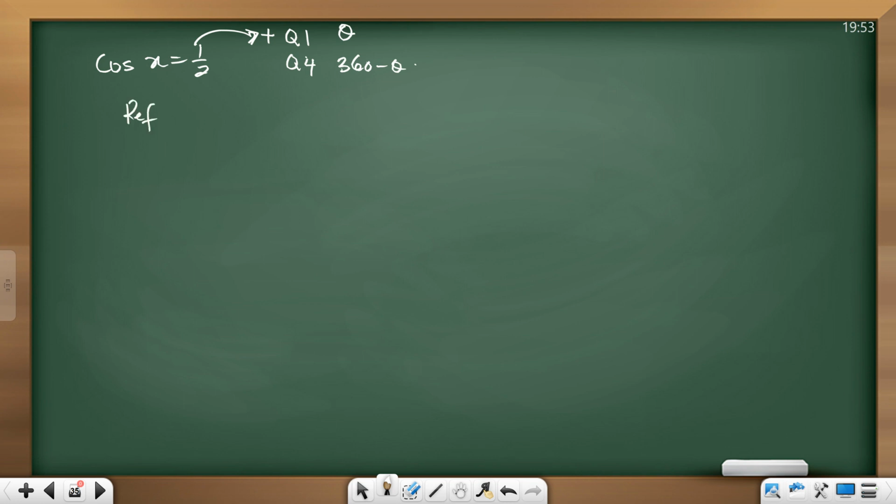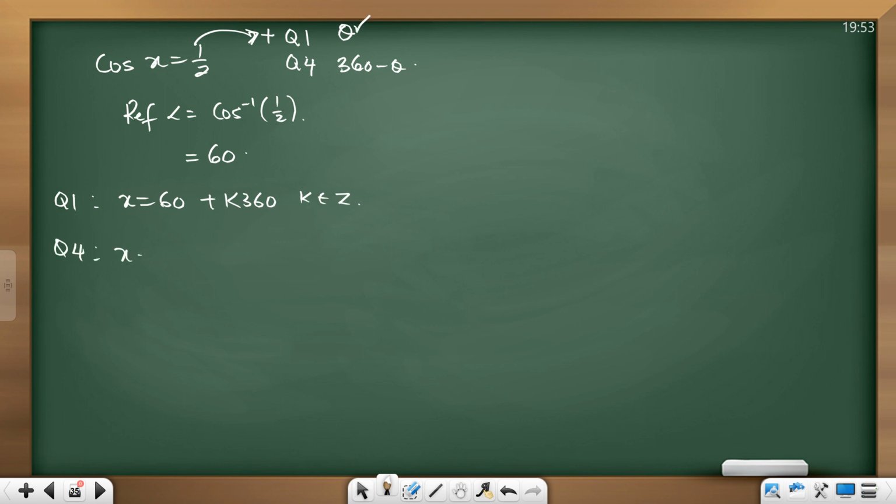What is my reference angle? 60. So I go to Q1. x equals what? 60 plus k 360, k being an element of integers. I'm using x equals theta.